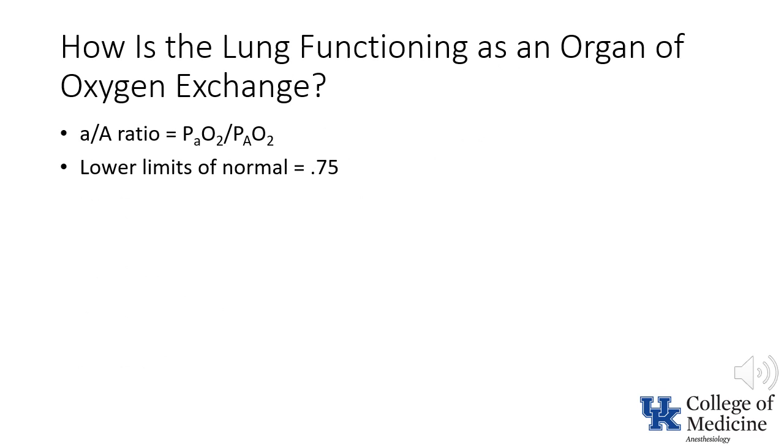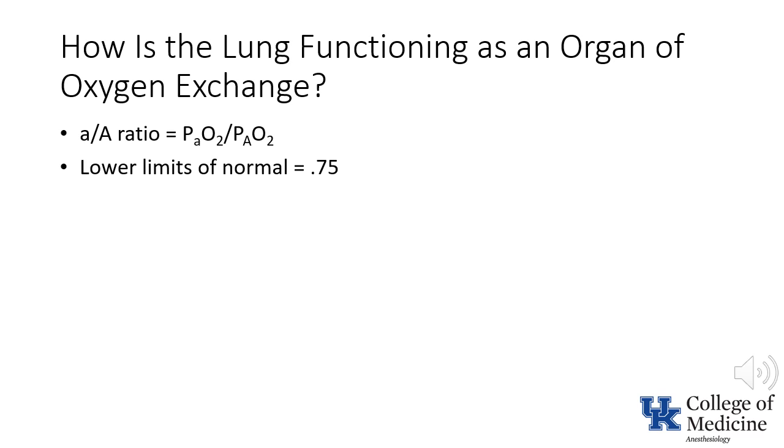As previously described, the best way to assess how the lung is functioning as an organ of oxygen exchange is to calculate the ratio between the partial pressure of oxygen in arterial blood and in the alveolus. Remember from a prior slide that on room air, the alveolar PO2 is about 102. Accordingly, an AA ratio of 0.75, the lower limit of normal, would correspond to an arterial PO2 of 76 on room air.